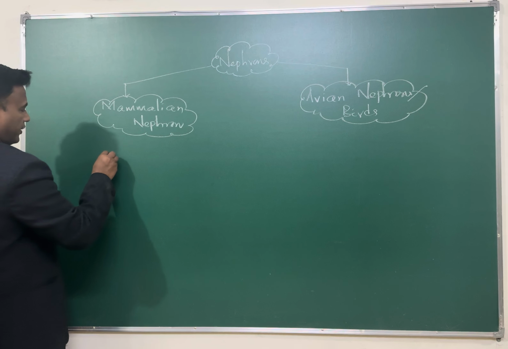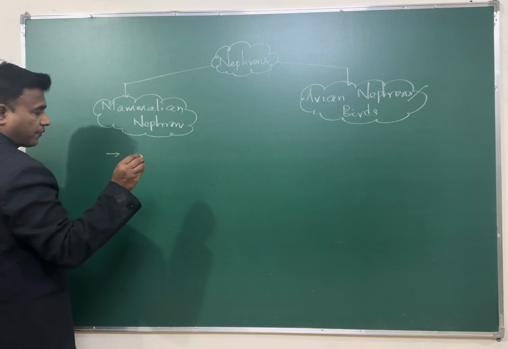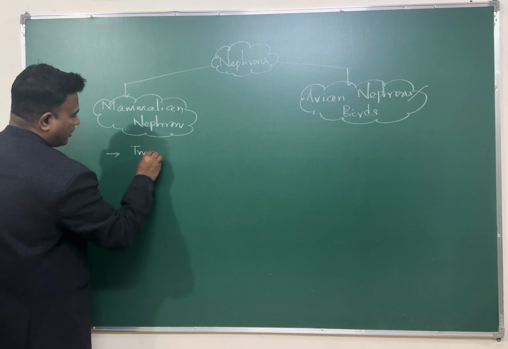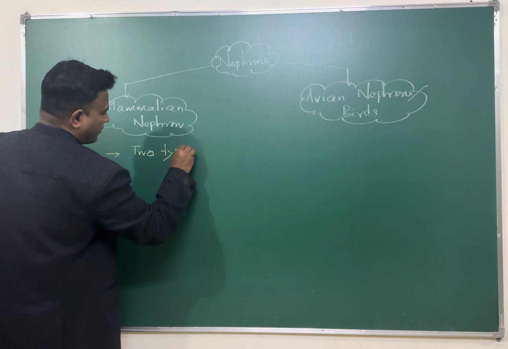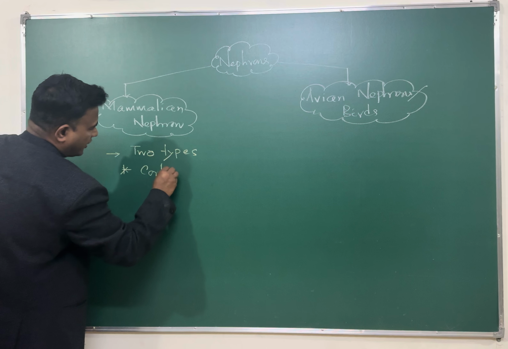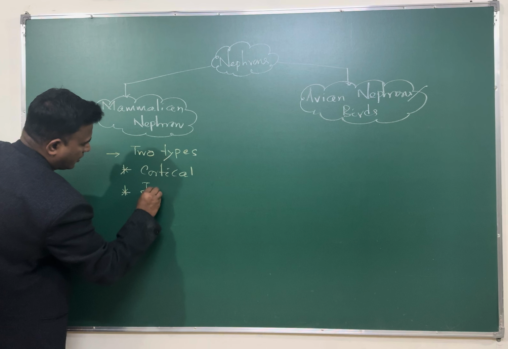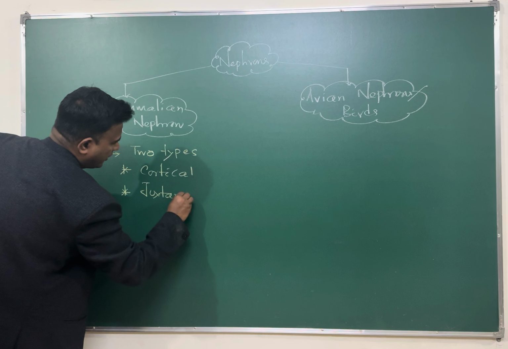So the first point is that the mammals show two types of nephron, no doubt about that. That is two types of nephron. One is the cortical nephrons and the second one is the juxtamedullary nephrons.